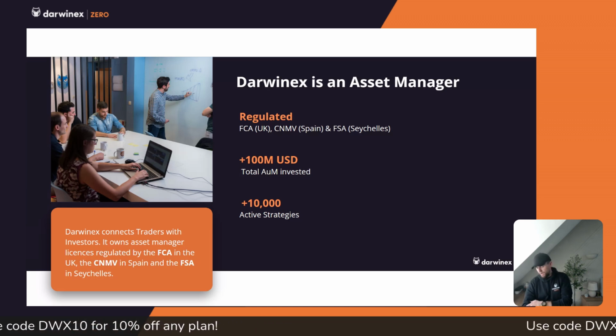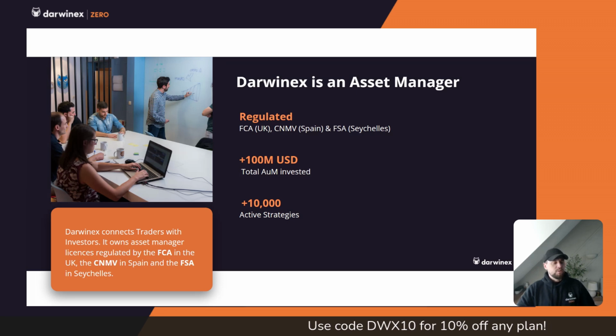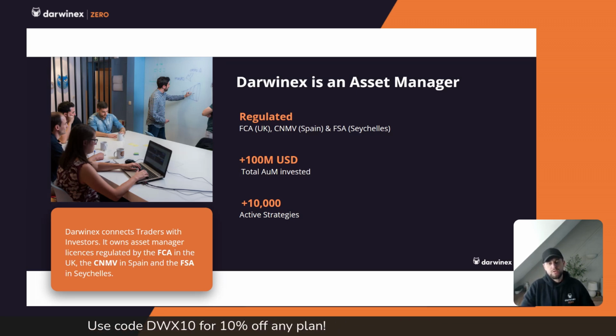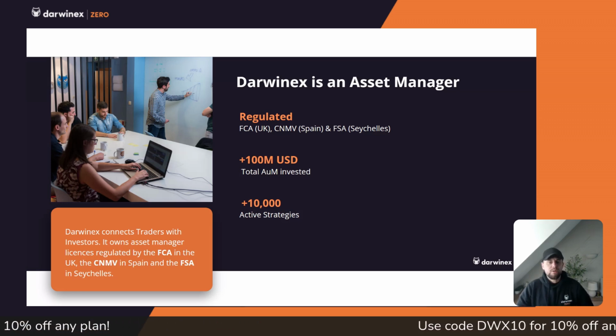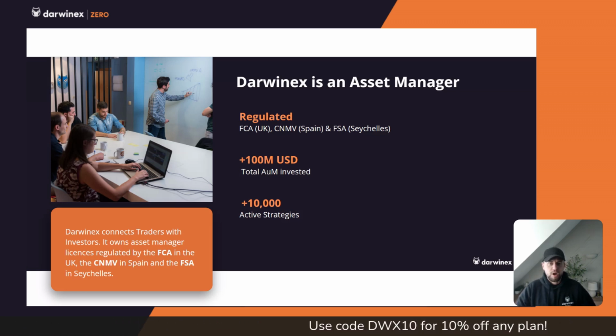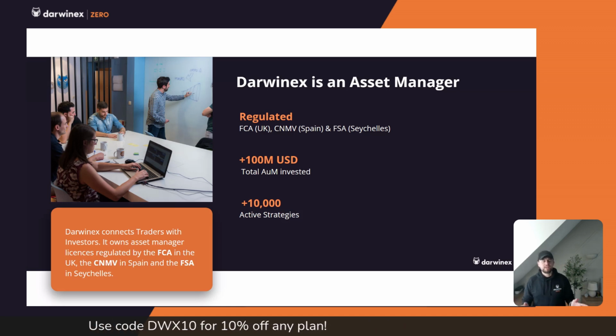We also have over 10,000 active strategies, or active Darwins, on the platform. The reason we call them strategies is because some traders have multiple Darwins or multiple strategies on the platform. If you wanted to open a second or third account, all you need to do is open a new account with a new email address. I'm telling you that because it's probably our most frequently asked question.